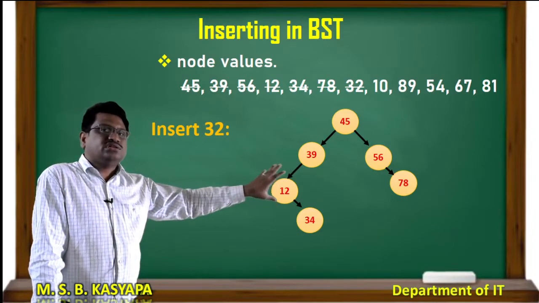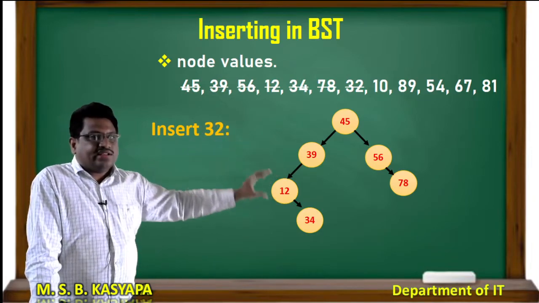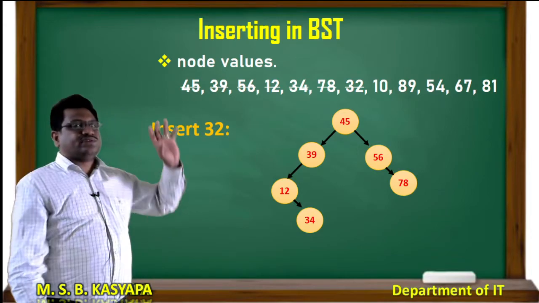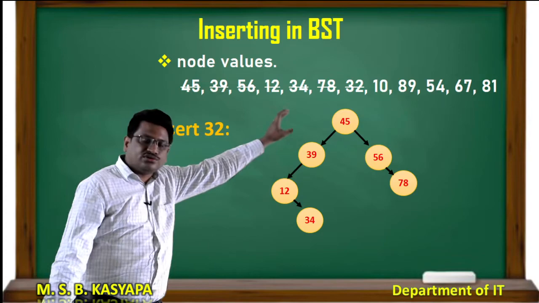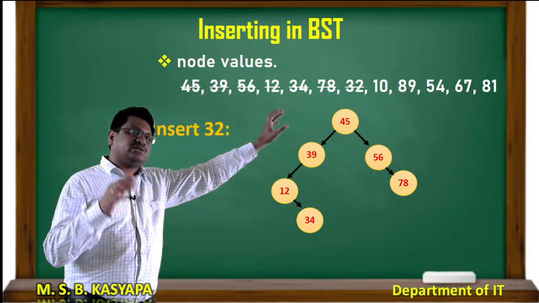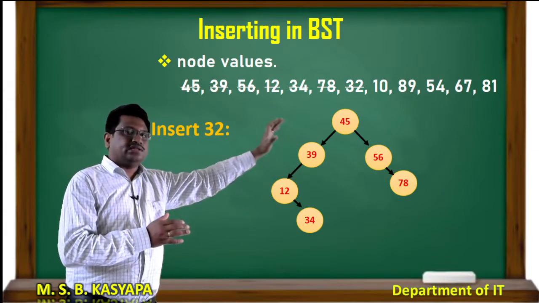If I want to insert 32 now, what do I have to do? First I have to find the leaf node in a particular left subtree or right subtree. I start from the root node. The root node is 45, and 32 is less than 45, so 32 should be on the left side. I move to the left subtree. There is 39, and 32 is less than 39, so it should be in the left subtree.